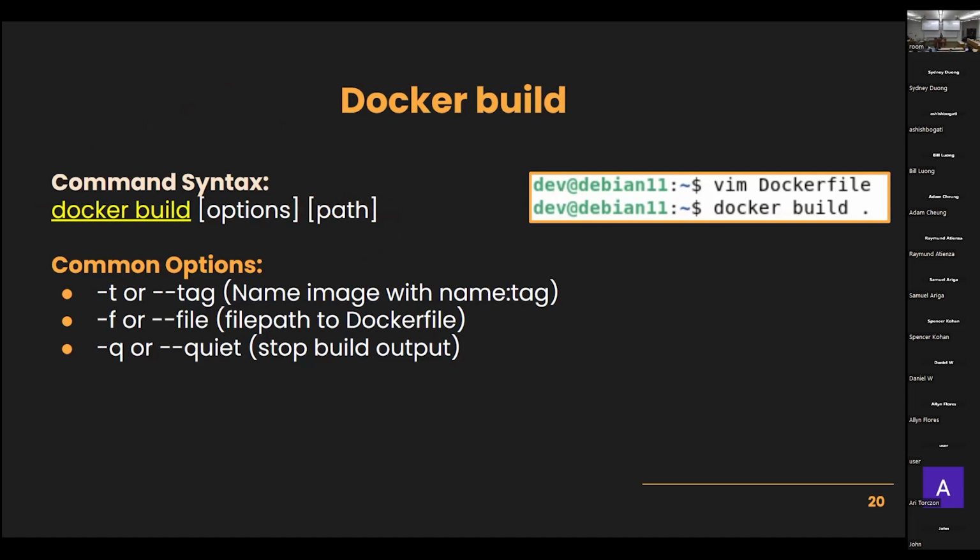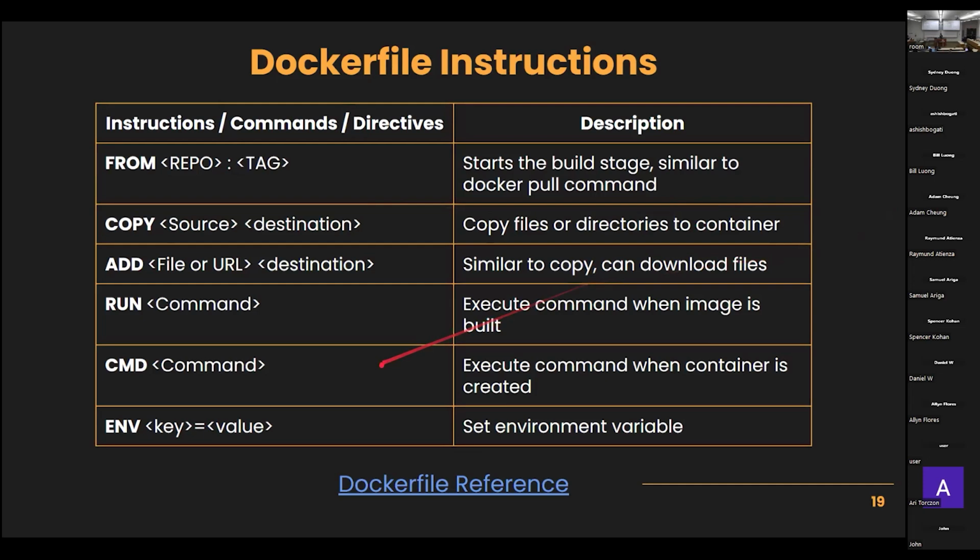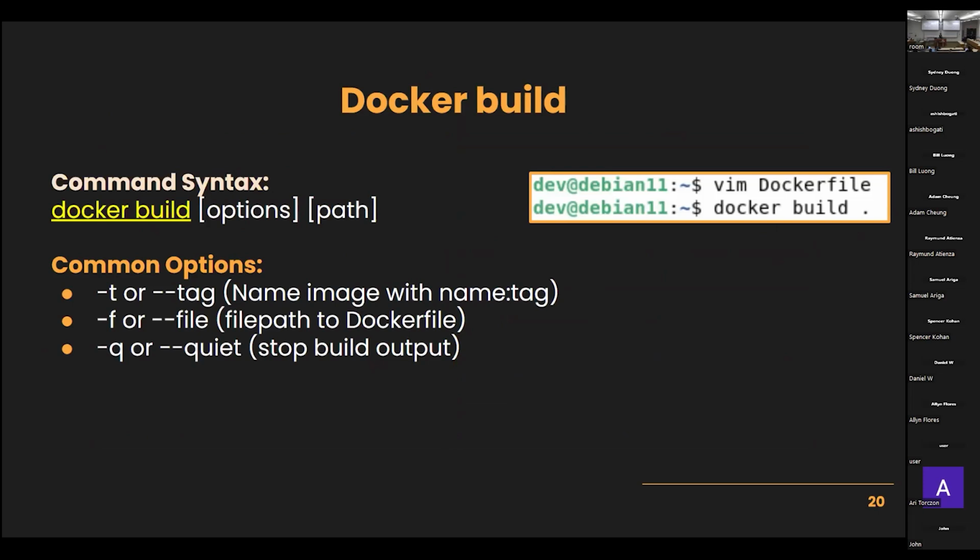Like I mentioned earlier, the run command: when you use that Docker build command, whatever command you give to the run instruction, it'll run it whenever you use the build command, if that makes sense. And that's a lot different than starting containers.